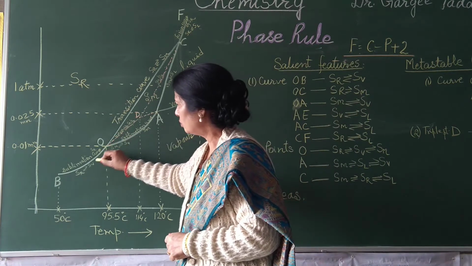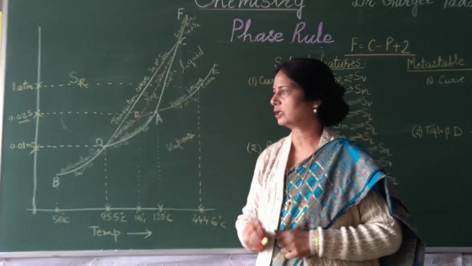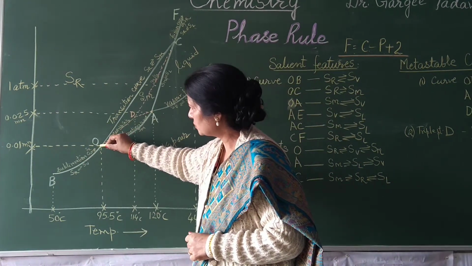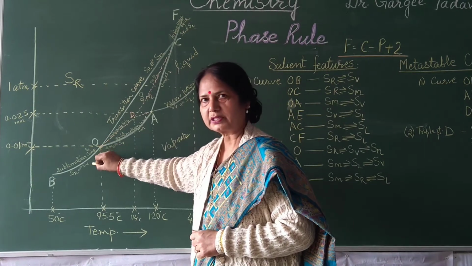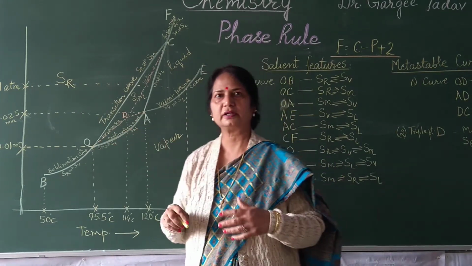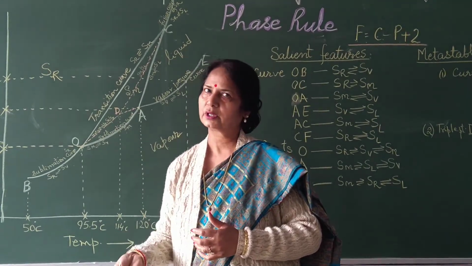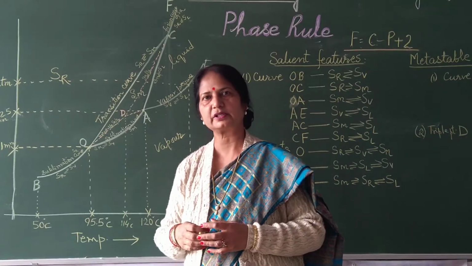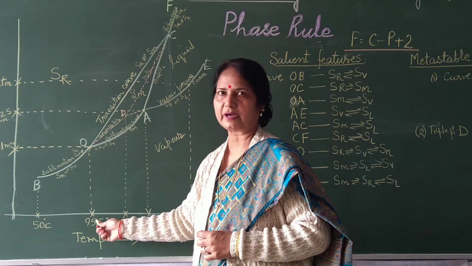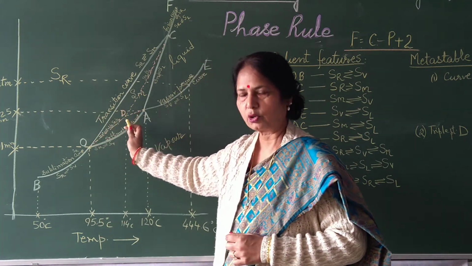Just see this curve OB. This is the sublimation curve of rhombic sulfur, and at this point O, rhombic sulfur will change to the monoclinic form. This is the transition temperature, 95.5 degrees centigrade. So at this point O, it will change to the monoclinic form.